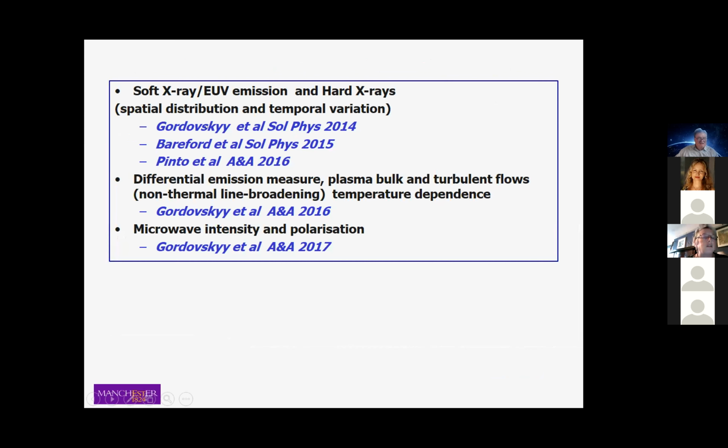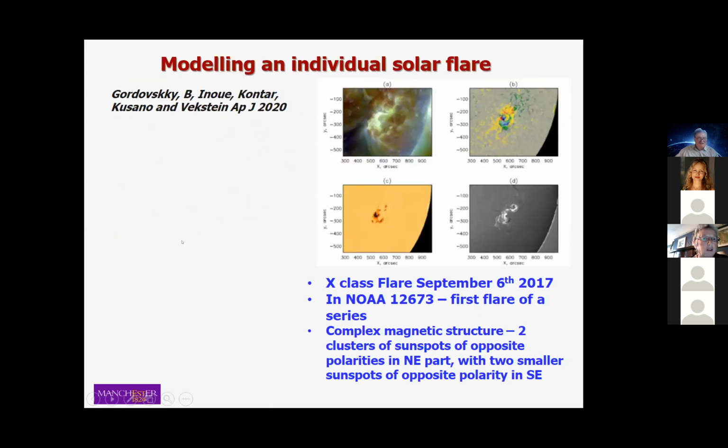So this is a summary of the things we've looked at, both for soft X-ray and EUV emission, also hard X-rays, both spatial and temporal variations. We also looked at non-thermal line broadening, considering turbulent flows, and microwave intensity and polarization.